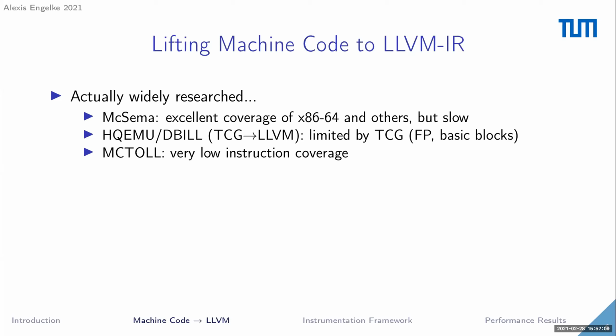The problem is that TCG only supports basic blocks, and having an LLVM function for a single basic block, and doing this for the tons of basic blocks you may have in your program, is slow. So what we do instead, we work around this issue by using traces of TCG blocks and lift traces to LLVM. But ultimately they are still bound by TCG, and that's a limiting factor which we try to avoid.